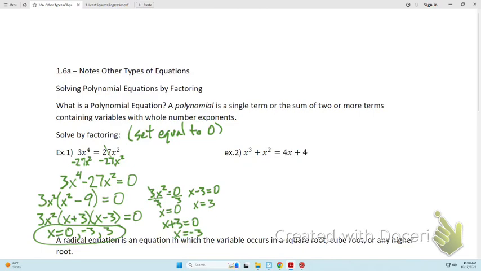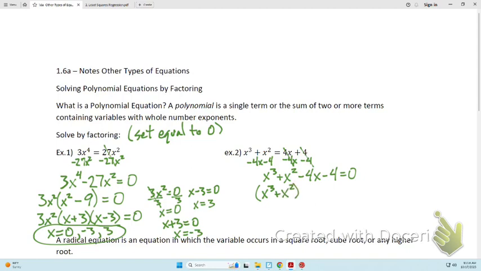On number 2, same idea. We want to move everything to one side, so let's move the 4x over. And we're going to factor by grouping. We've done this before. You group the first two.